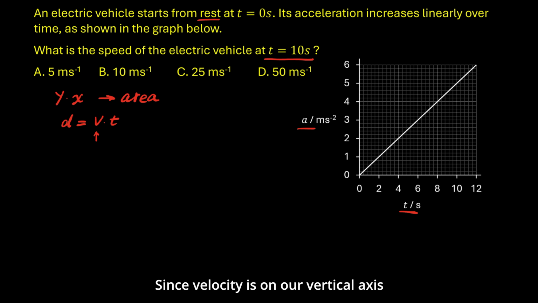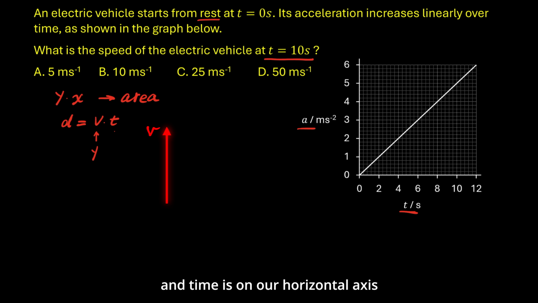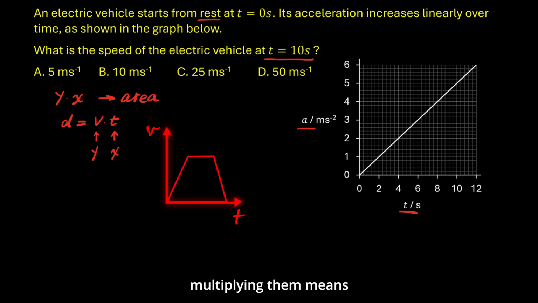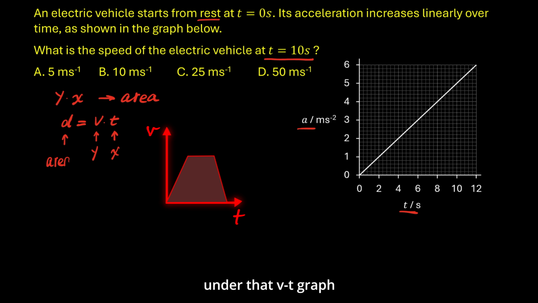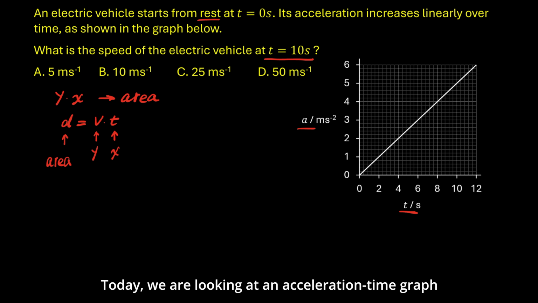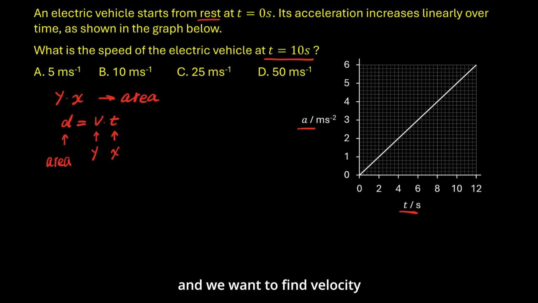Since velocity is on our vertical axis and time is on our horizontal axis, multiplying them means the distance is represented by the area under that VT graph. Today we are looking at an acceleration time graph, and we want to find the velocity. We're going to use that exact same area rule to solve it instantly.